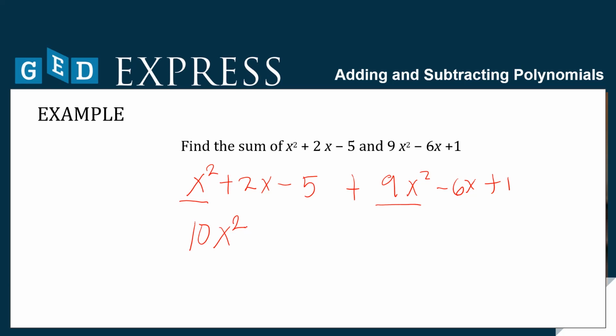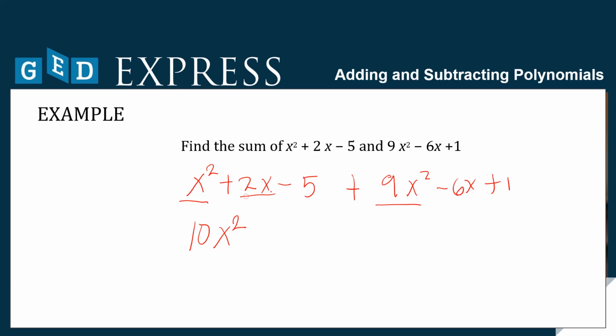Why? We simply add the coefficients. And we know from our previous lesson that any variable has a coefficient of 1. Okay, so we have 10x to the power of 2.